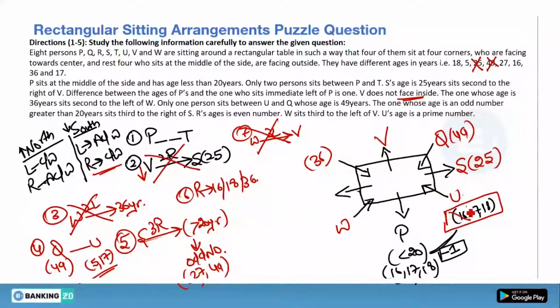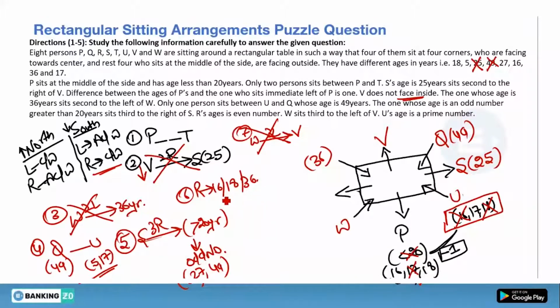So 16 is eliminated, 18 is eliminated, so the confirmed age of U is 17. P can be 16 or 18, but P cannot be 17, because the difference between P and U is 1 only. If P is 16, U is 17, the difference is 1. If P is 18 and U is 17, then also the difference is 1.